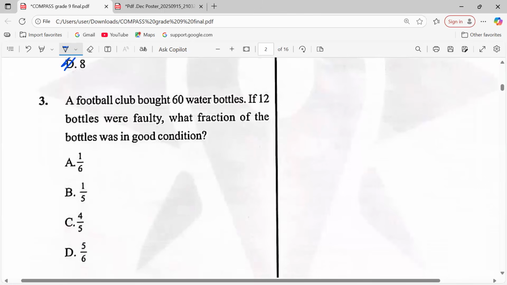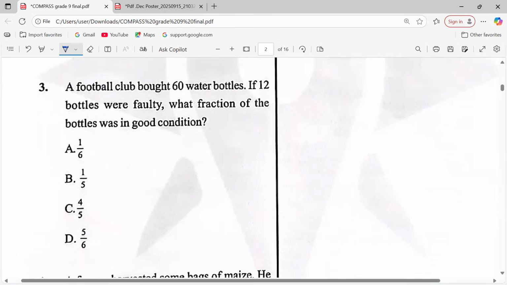At number 3, we have a question where we are told that a football club bought 60 water bottles. If 12 bottles were faulty, what fraction of the bottles was in good condition? The number in good condition should be the total minus 12.